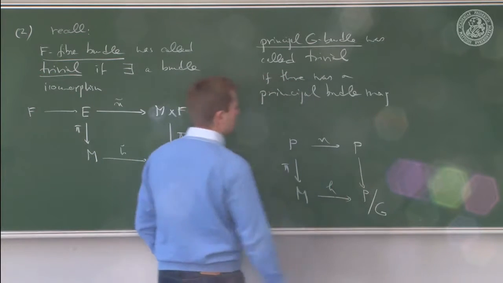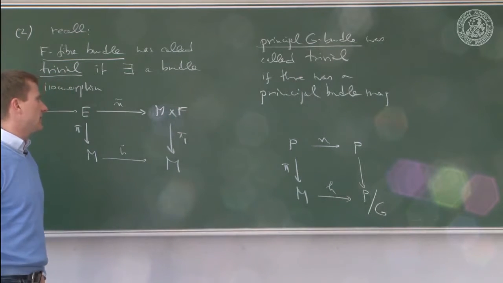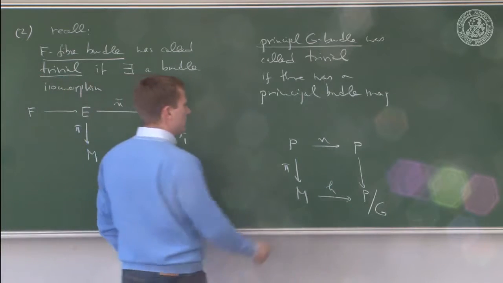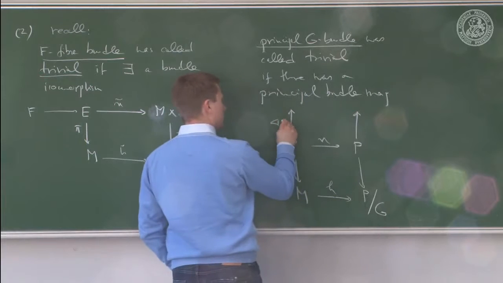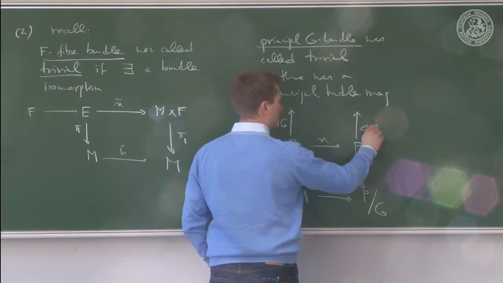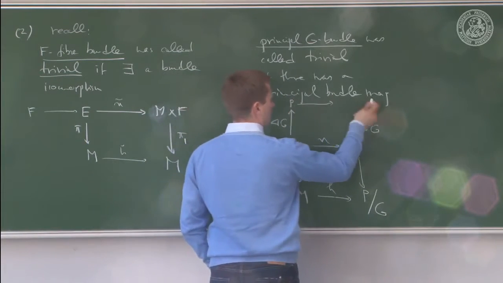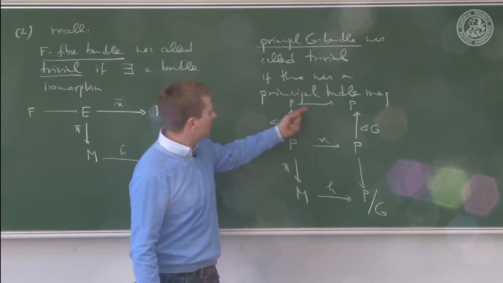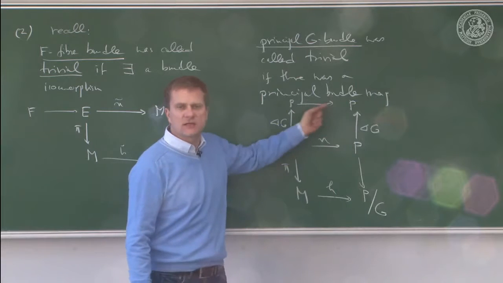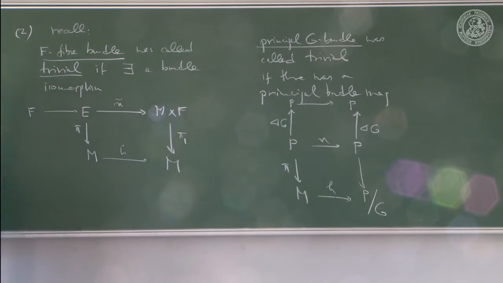Remember that the whole point of the principal bundle map was, had it several times, that there's a certain right action here, and you also require not only that this be a bundle map here, but also that there's this compatibility condition up here. We just wrote it down before. So it's a stronger criterion.